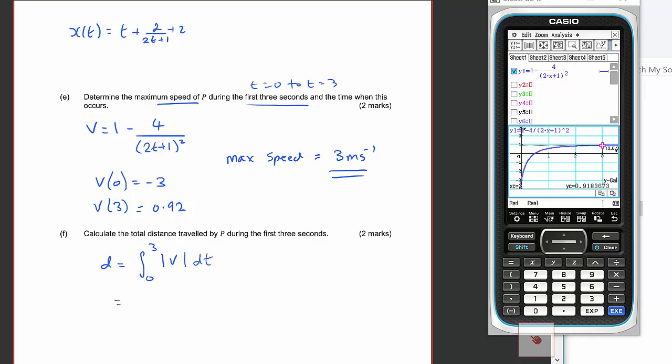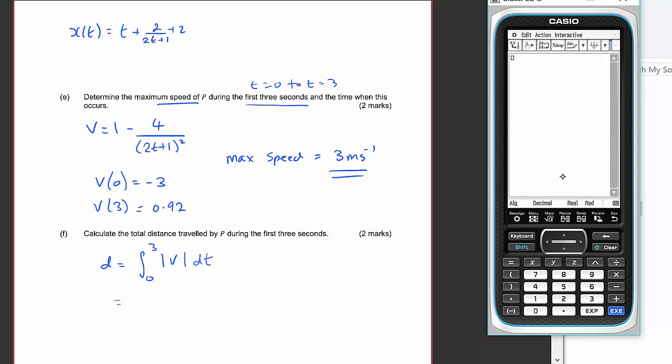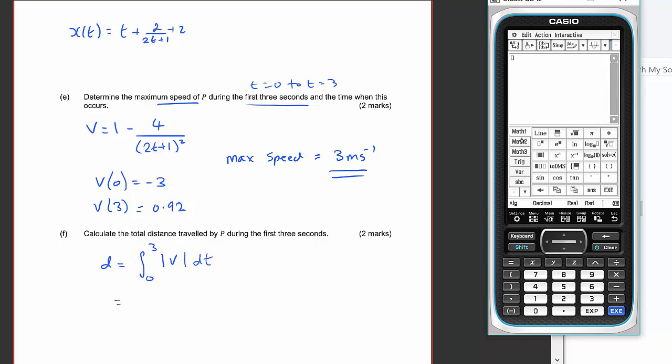So let's go to main. I'm just going to clear everything else up. And we know that we can find integrals in Math 2. So we're going to go from 0 up to 3. Then in here we need a modulus function.